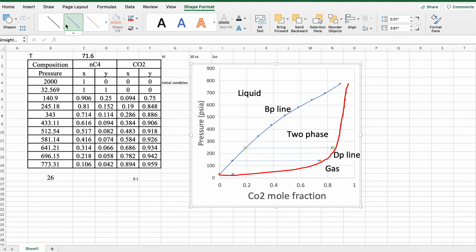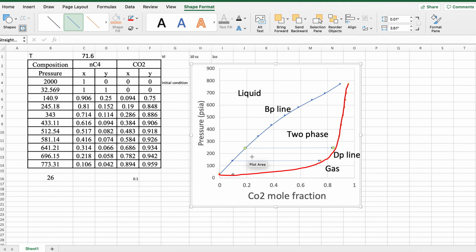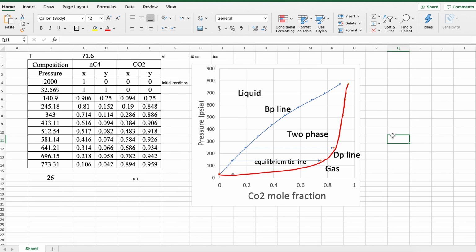And then you can also mention that this is your equilibrium type. Okay, so this is our pressure versus composition diagram of the mixture of CO2 and N-butane.